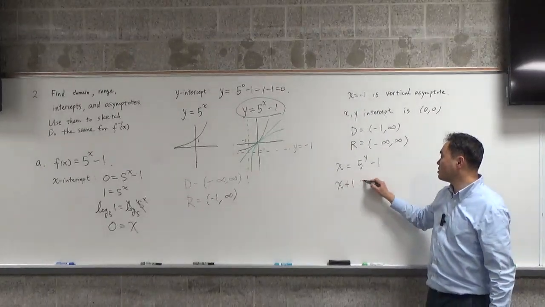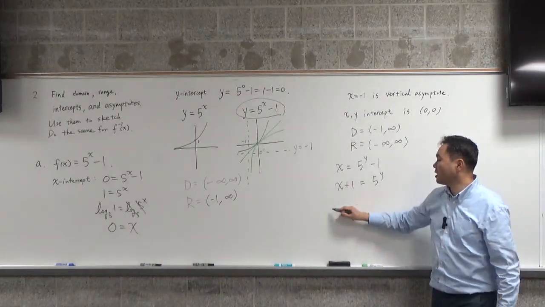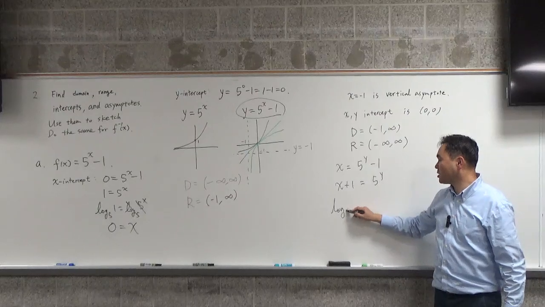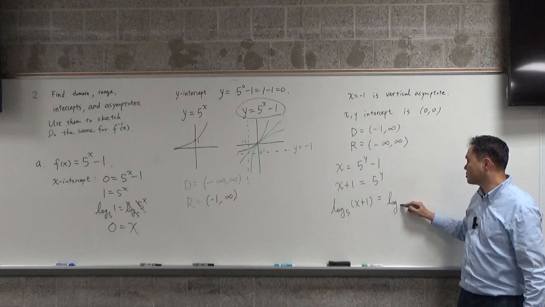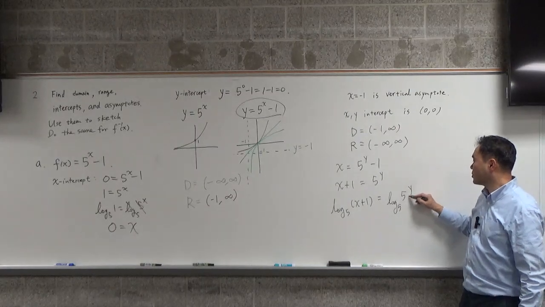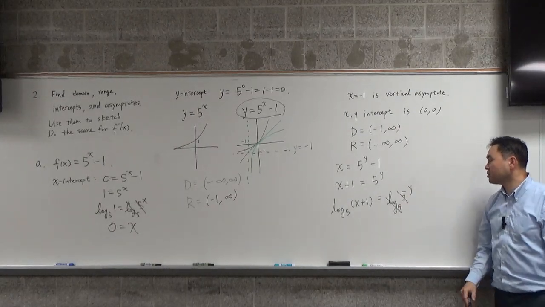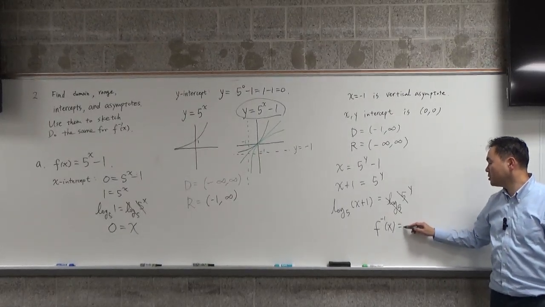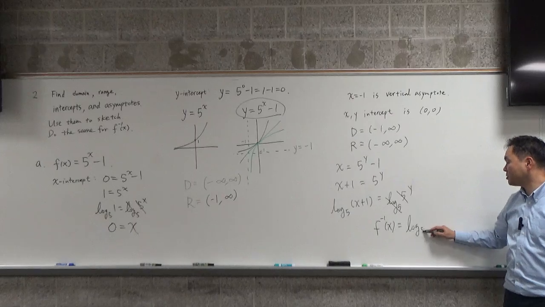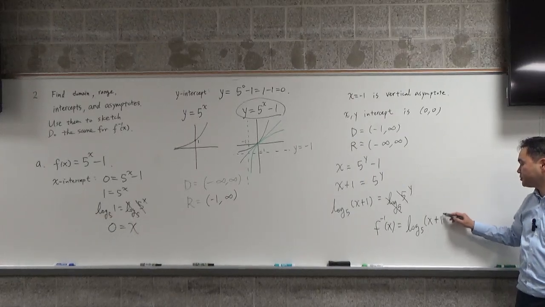Add 1 to both sides. Take log base 5 of both sides, which is going to cancel the 5. And therefore, the inverse function is log base 5 of (x plus 1).